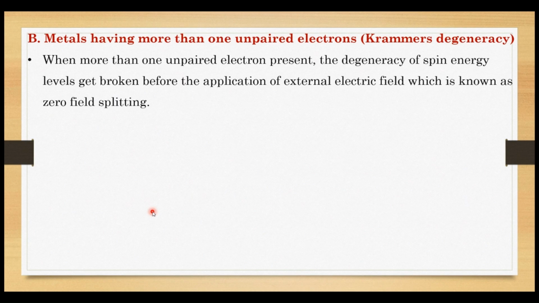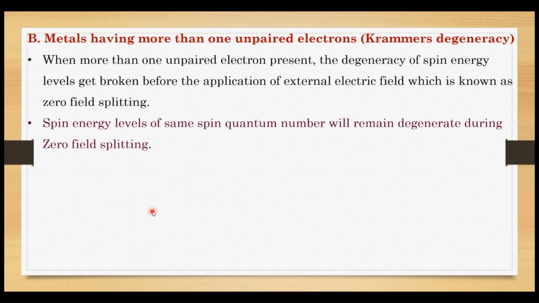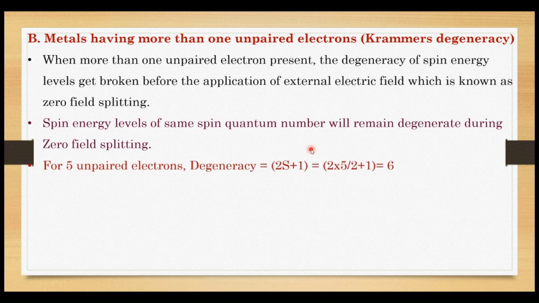Here it is telling that before applying the magnetic field, the lines will split. That is known as zero field splitting. Spin energy levels of the same spin quantum number will remain degenerate during zero field splitting. Let's consider one example, then it will be very clear. If this many lines are not needed, simply by the figure you will get an idea.